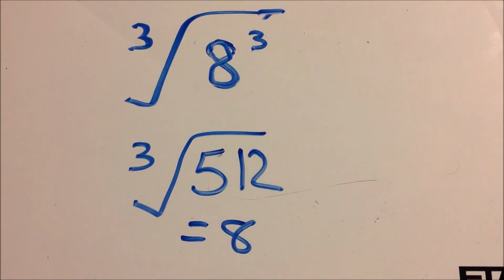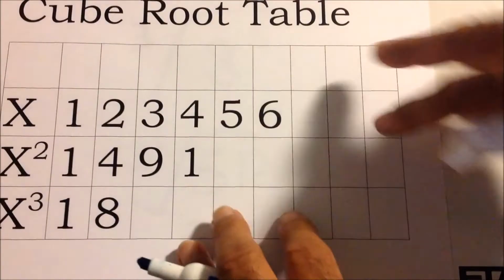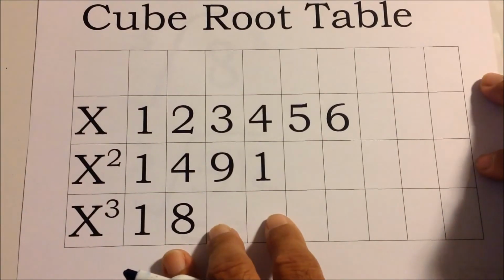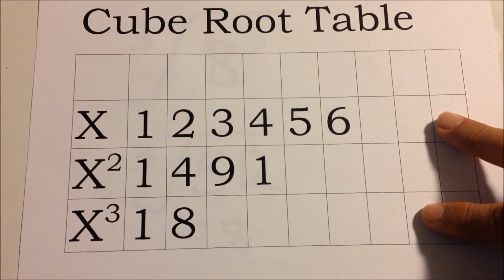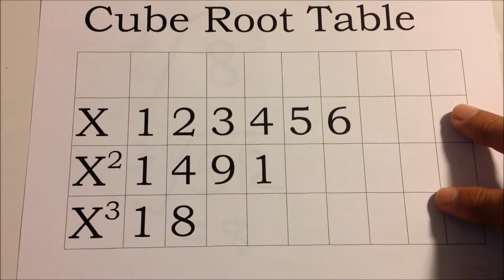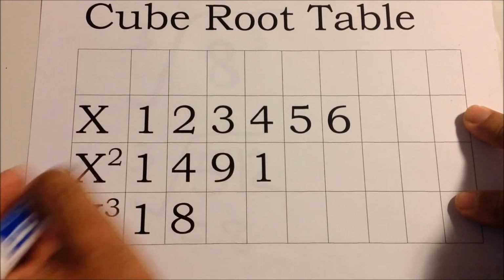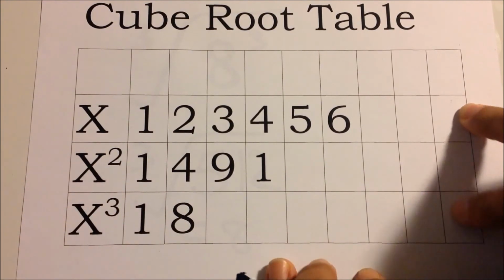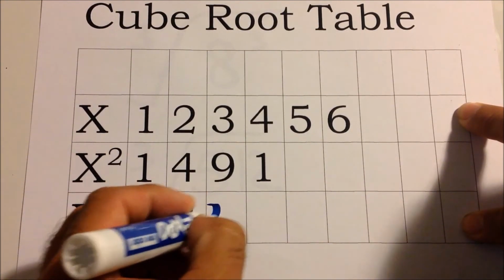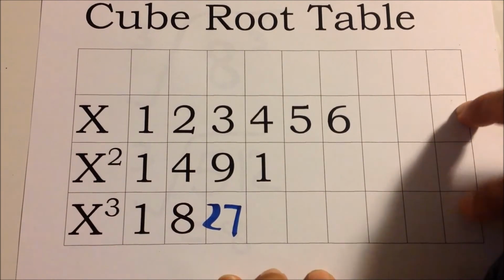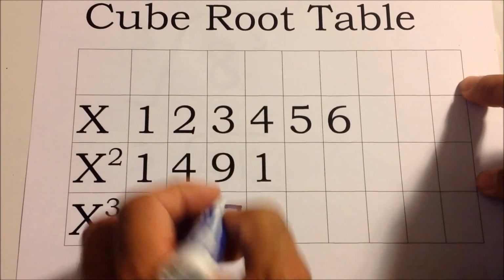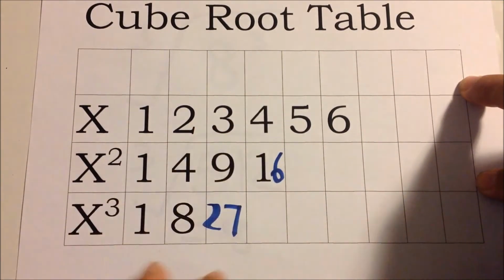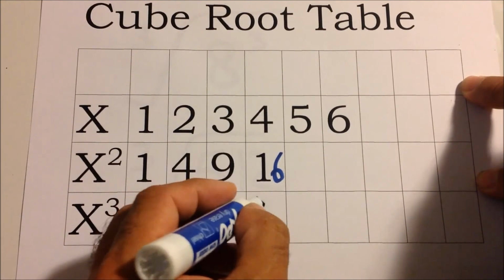Now here is what we have: a cube root table. See if you can fill this in. So if x is 3, well, 3 squared is 9. So what is 3 cubed? 27. We know that 4 squared is 16, and 4 cubed is 64.